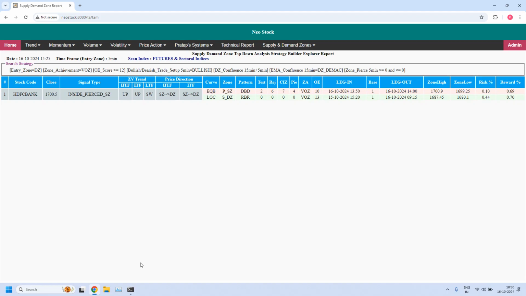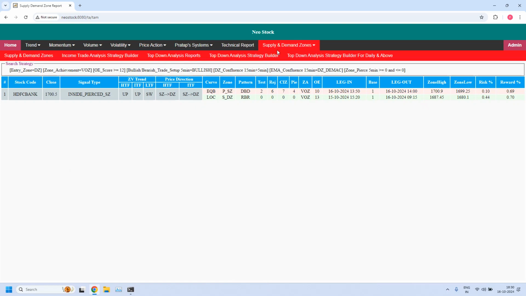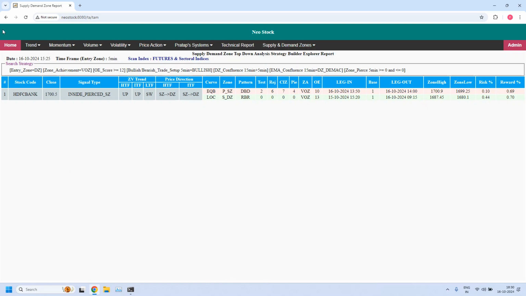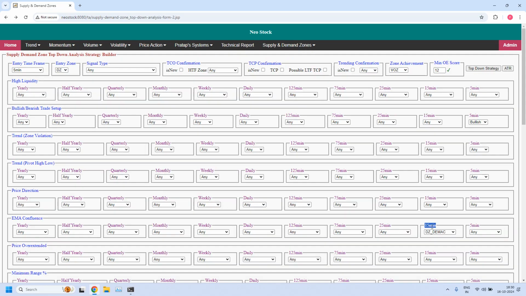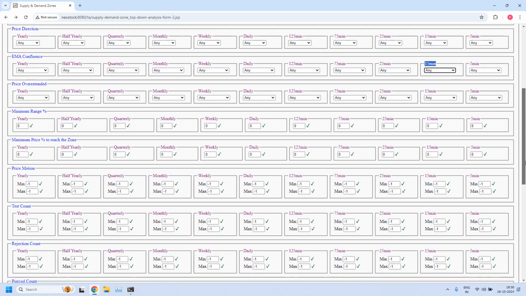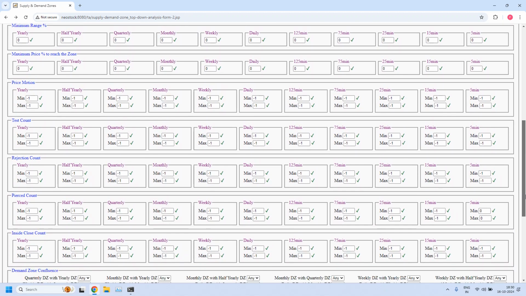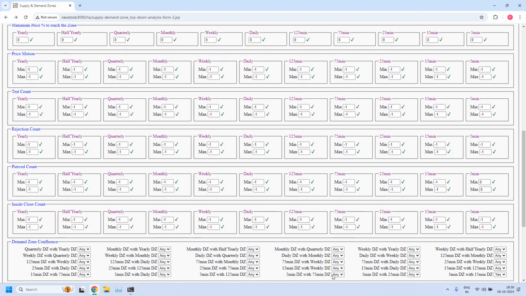Okay, next let us look for LTF and ITF confluence. So removing the EMA filter, LTF, ITF, HTF confluence. In the demand zone confluence, 2 more filters I should add.